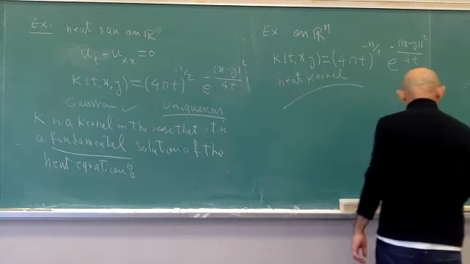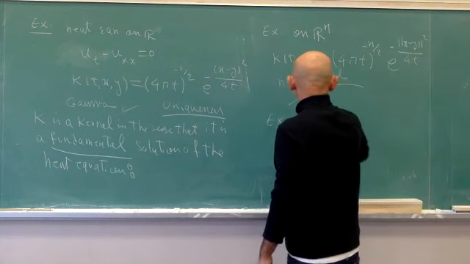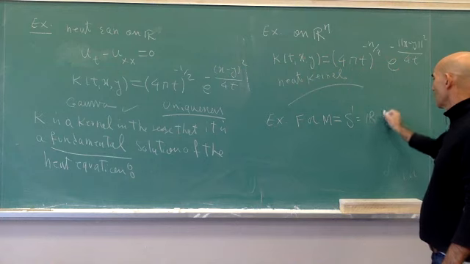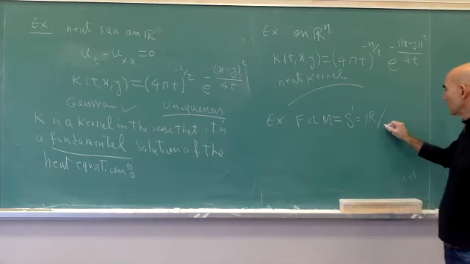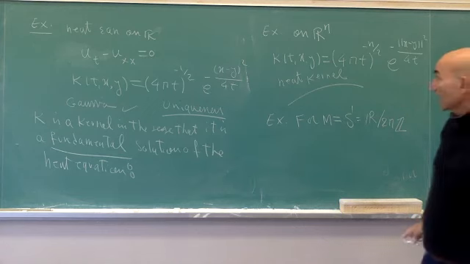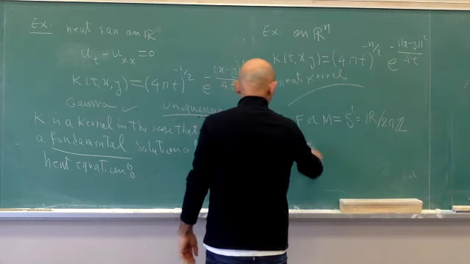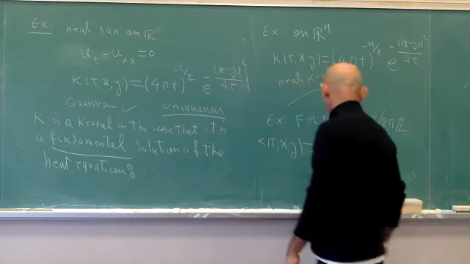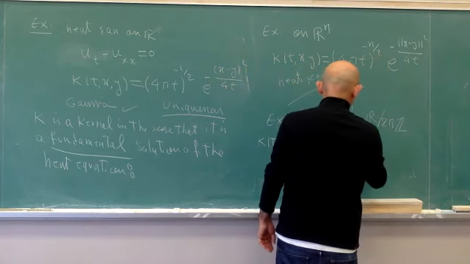Okay, so let me just finish by giving you the thing on the circle. M equal to S1. So let's take a circle of radius 1. In this case, K_t(x,y) is a sum over n belonging to Z of exponential of, well, there is this, by t.